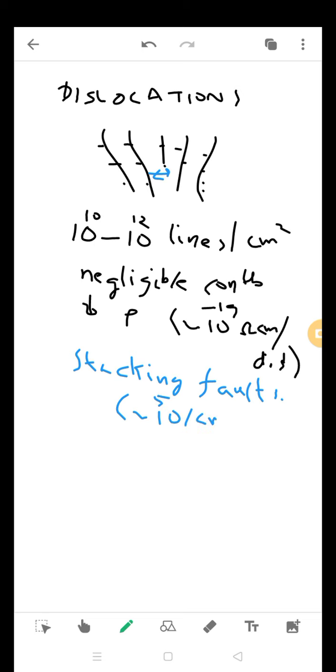This is the usual linear density of stacking faults, and they also contribute very little to resistivity.